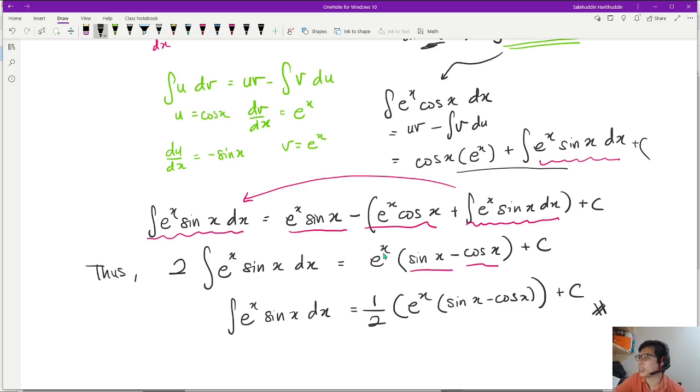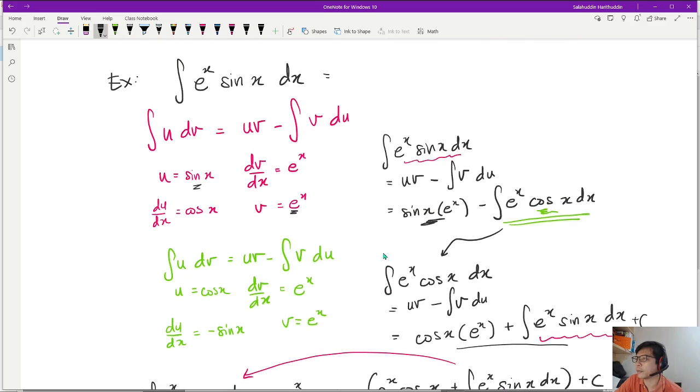I did some trick. Let me just go through again what I'm doing. So the problem is we need to find this right here. Yes, I'm doing the integration by parts to this. So I use the usual steps, finding my favorite u and my favorite dv, and then try to use this formula to find the answer.